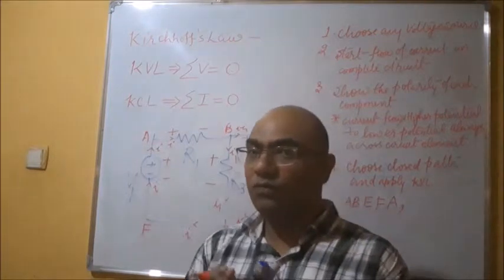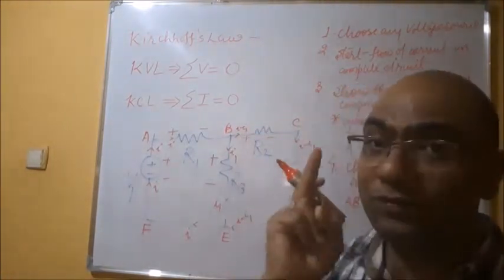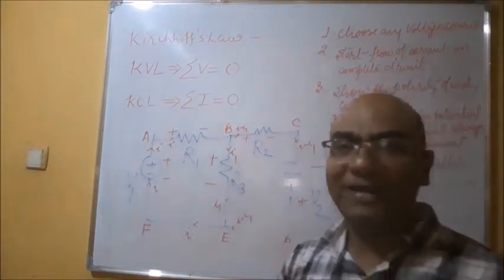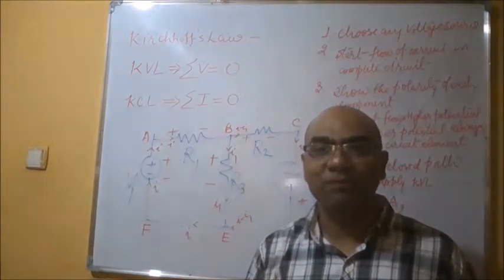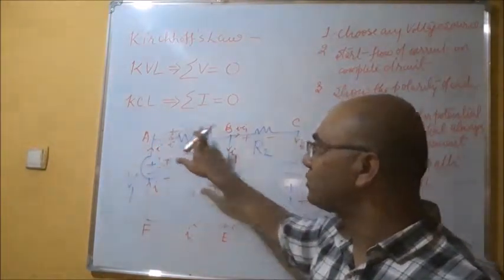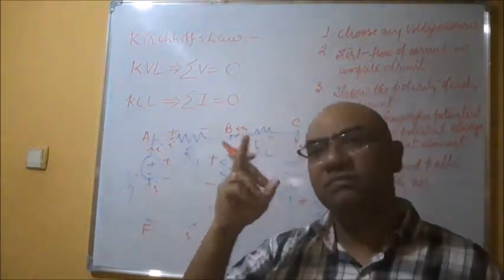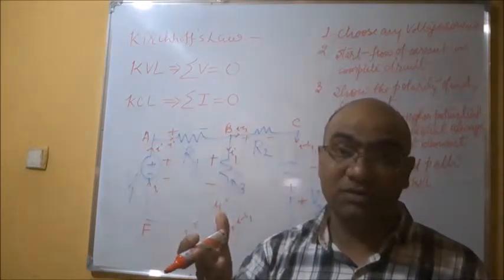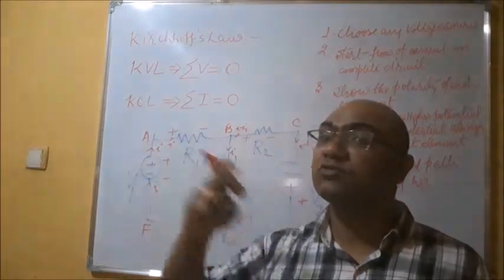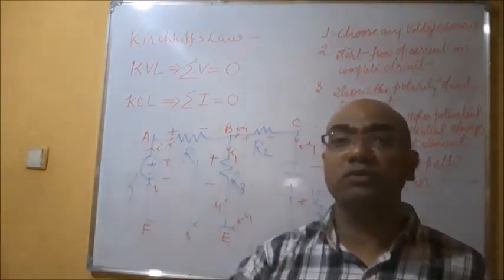Now when we put these in the equation, we have to keep in mind that we write the algebraic sum. If you move from plus to minus, you take plus; this is again your assumption. If you take plus to minus as plus, then always take plus to minus as plus; otherwise you can take the opposite.